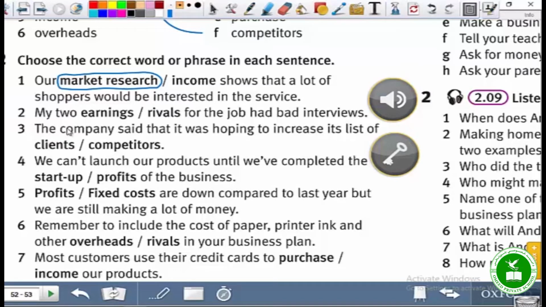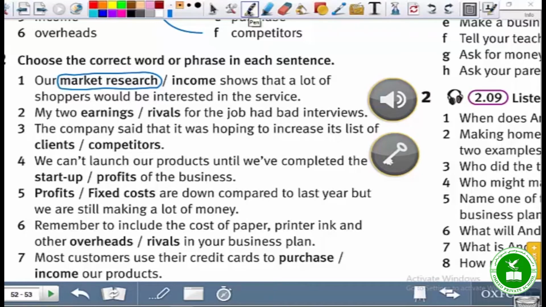So, is our market research correct, or our market income? Yes, you are correct. Our market research shows a lot of shoppers would be interested in the service. So, let's do the next one together, number 2. Which one is correct? Earnings or rivals?